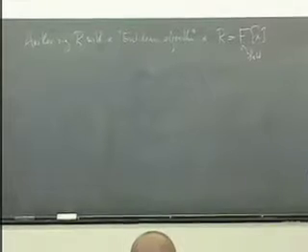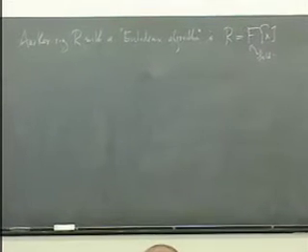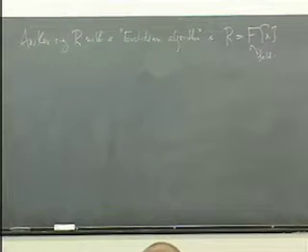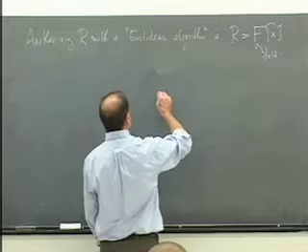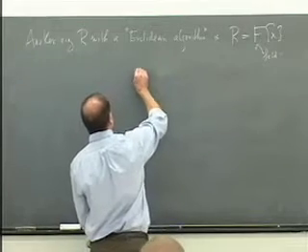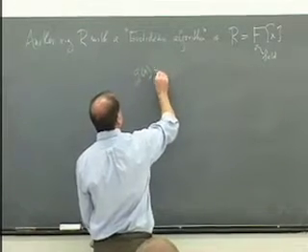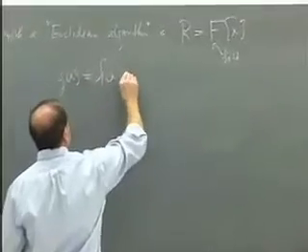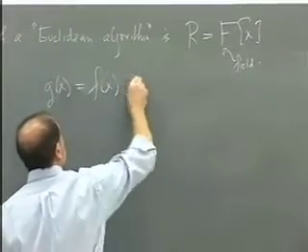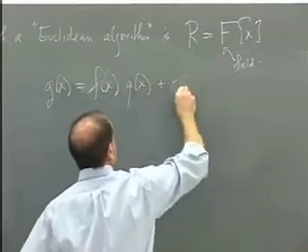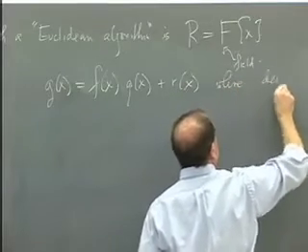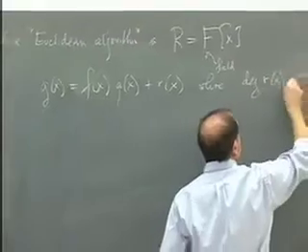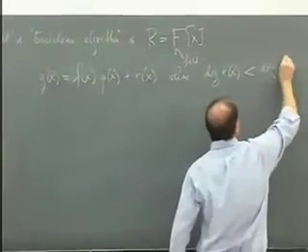And then what we know for polynomials over a field, here we have the size of a number, its absolute value. So for a polynomial over a field, we have its degree. So we know that given f of x, g of x can be written as a multiple of f of x, q of x, plus r of x, where the degree of r is less than the degree of f of x.